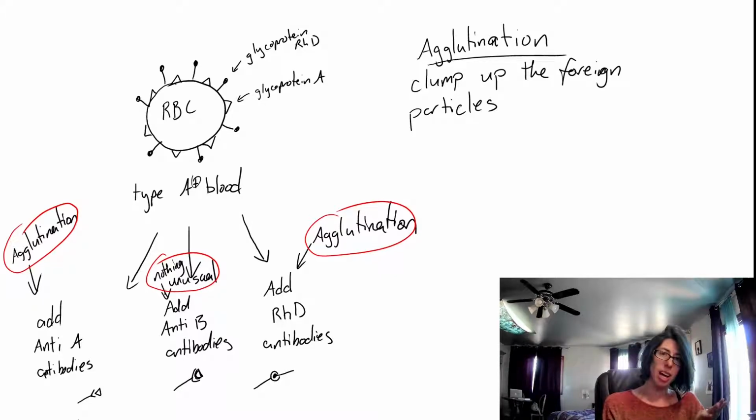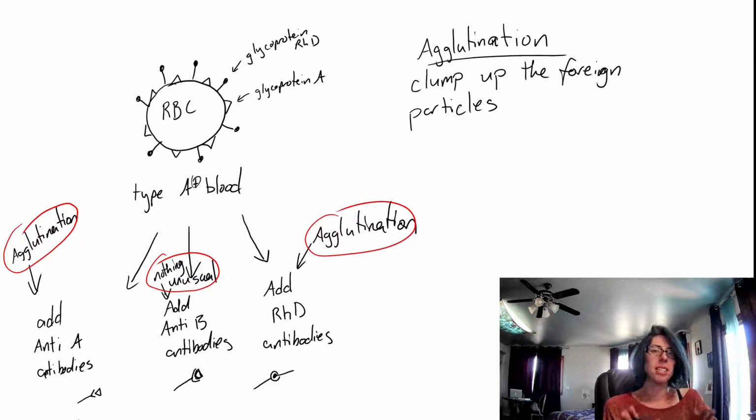They do not have the B glycoprotein on their blood, so the anti-B antibodies are not attacking. They do have the RHD glycoprotein on their blood, and the anti-RHD antibodies are attacking it.